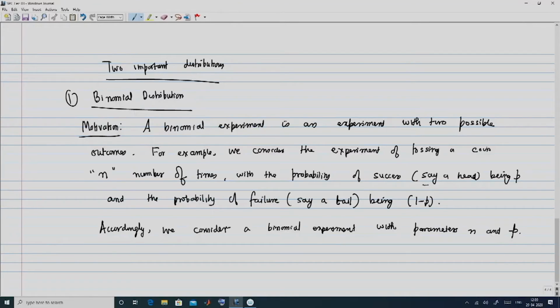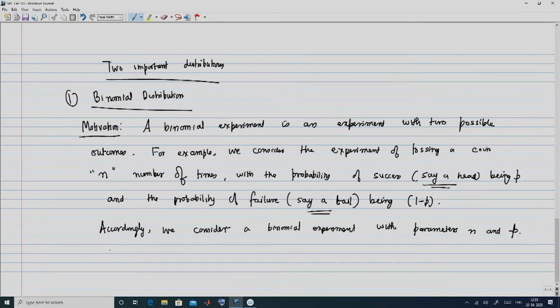A particular example of this is the coin tossing problem, where the coin is tossed n number of times. Also note that identifying the head as a success and the tail as a failure is not rigid. It is only for illustrative purposes; you can also choose the other way around. So, there is no loss of generality in this observation.